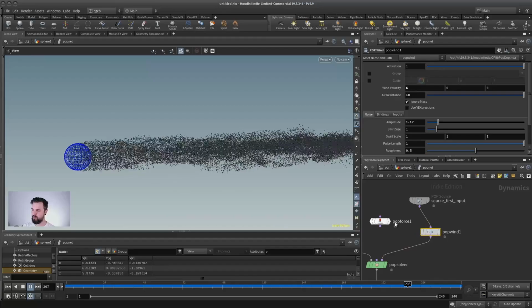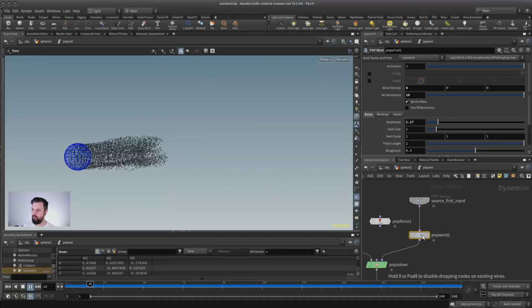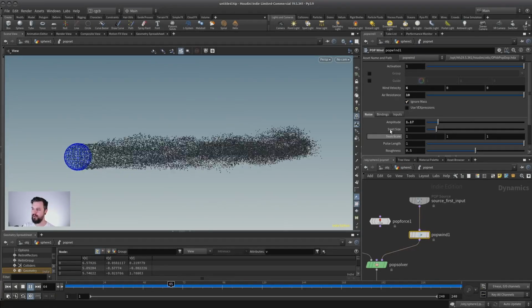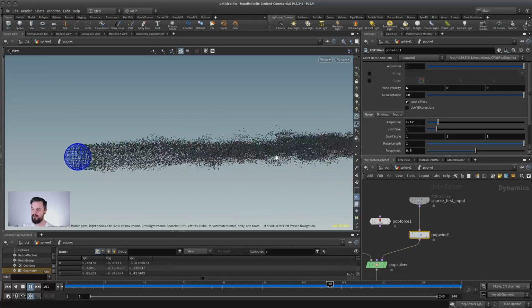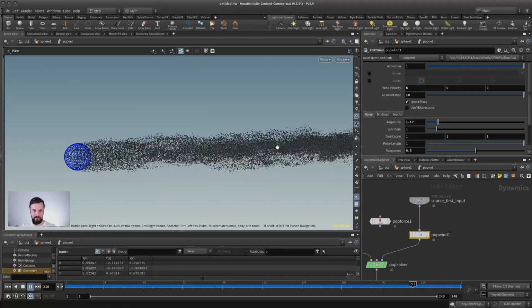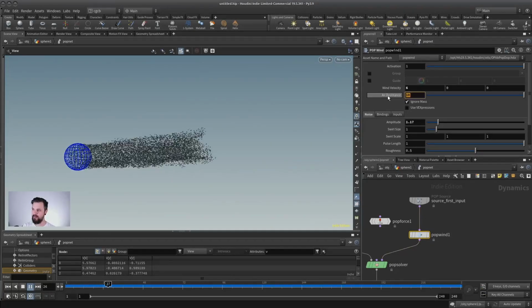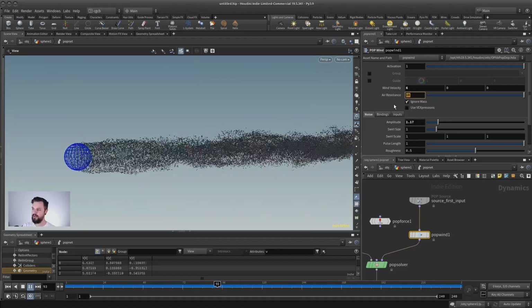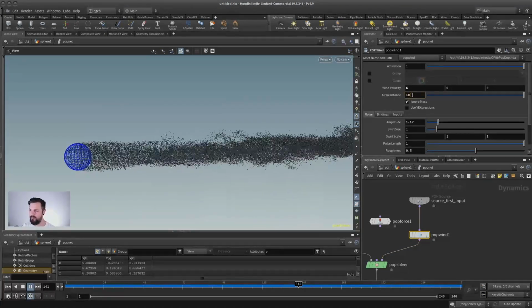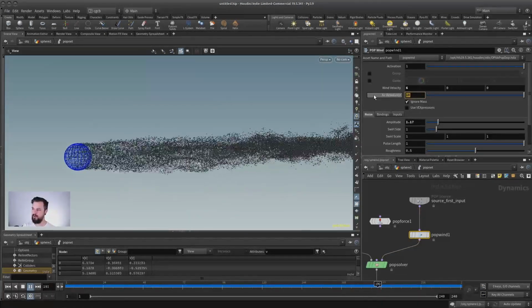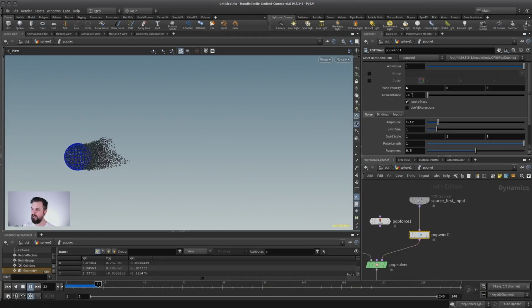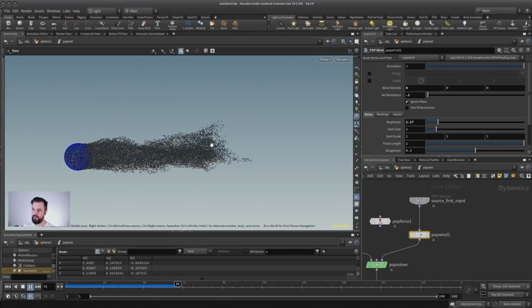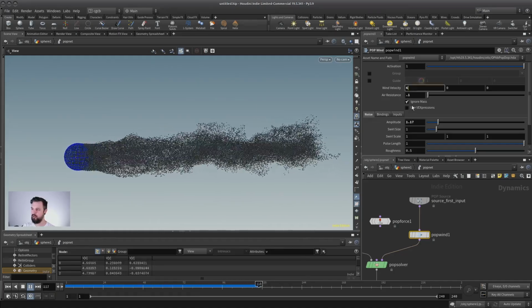The big difference between the two is that the pop wind tries to reach a certain max speed, a target speed, and will not accelerate the points beyond that number. And the air resistance, with a weird naming, is the number that says how quickly do the points reach that point. And let me quickly show you that again in the opposite direction. By lowering that number, you can see that it takes longer for the points to reach the goal.